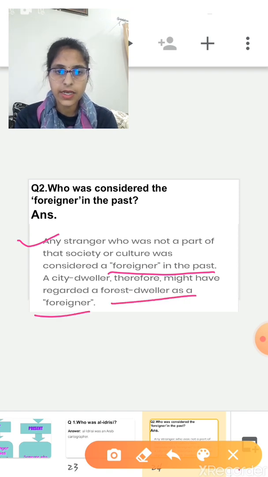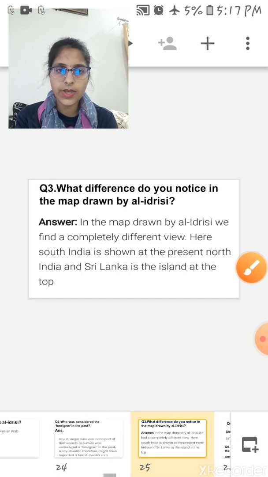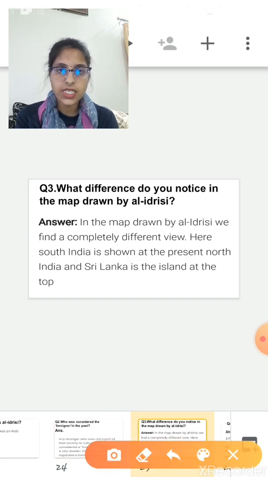Clear? Okay, now the third question. What difference do you notice in the map drawn by Al Idrisi? In the map drawn by Al Idrisi, we find a completely different view.